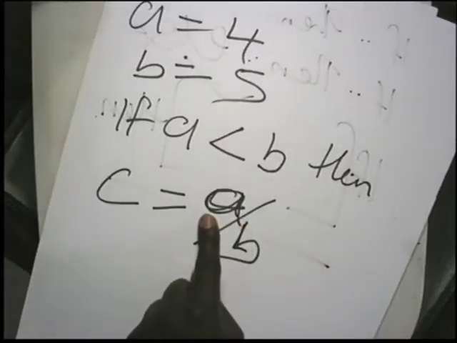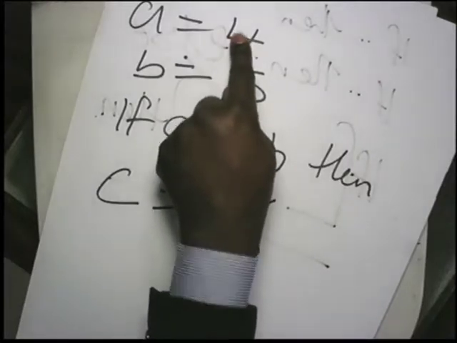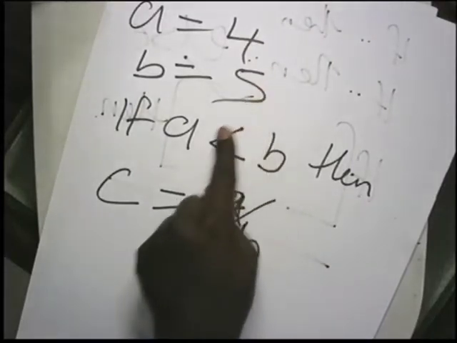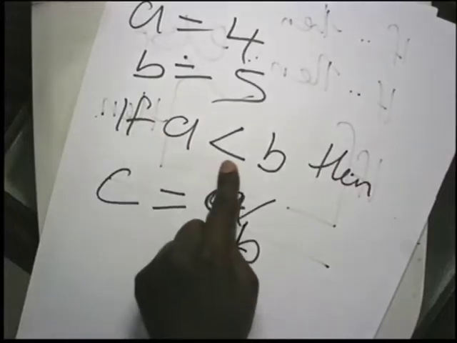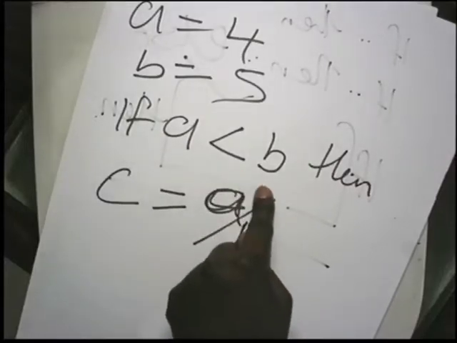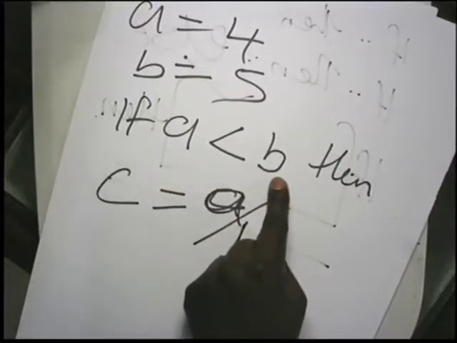So let's look at it now. What is A? 4. What is B? 5. So I'm asking, is A less than B? It's a question. True. A is less than B because A is 4 and B is 5.